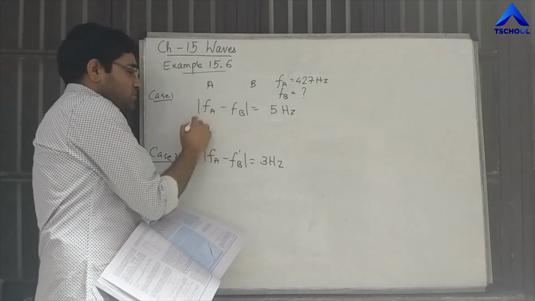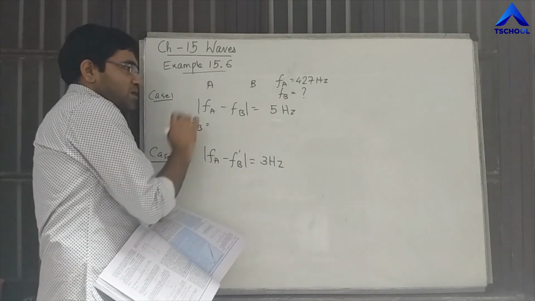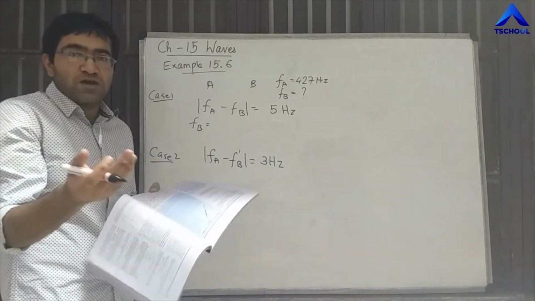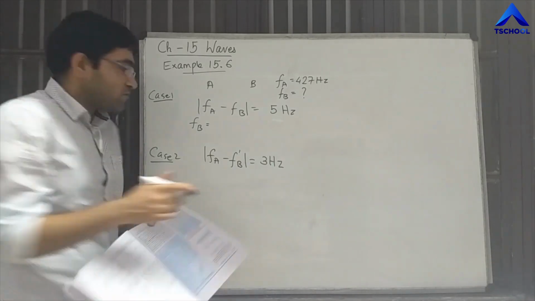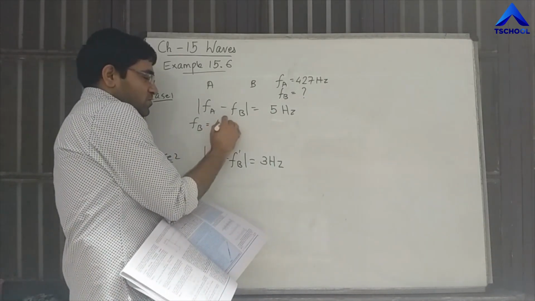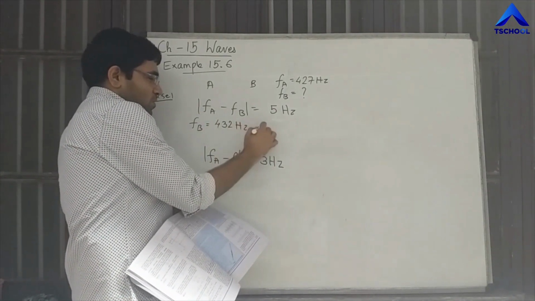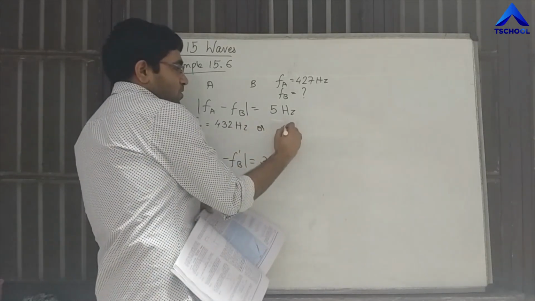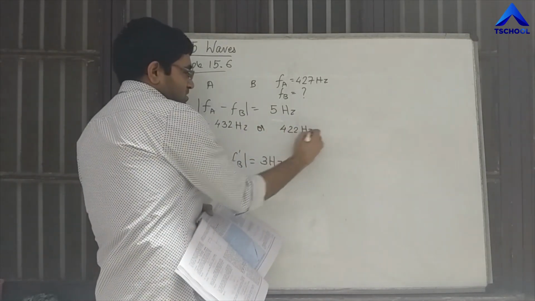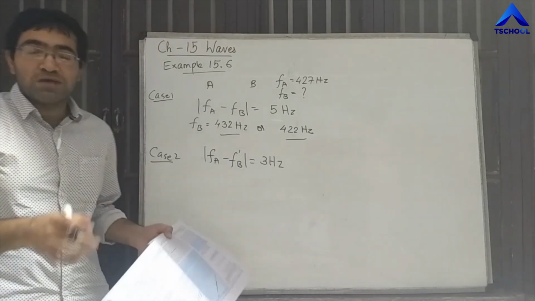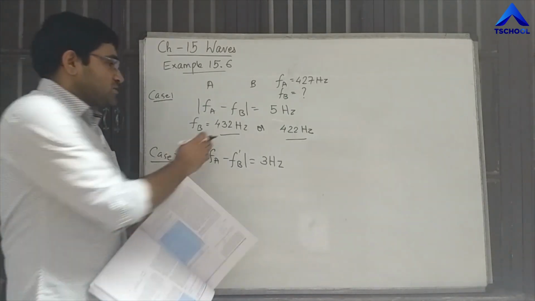Now that is only possible if FB is either 427 plus 5 or 427 minus 5. So it is either 432 Hz or 422 Hz. These are the two possibilities. It can't be anything else. So let's check the first one.